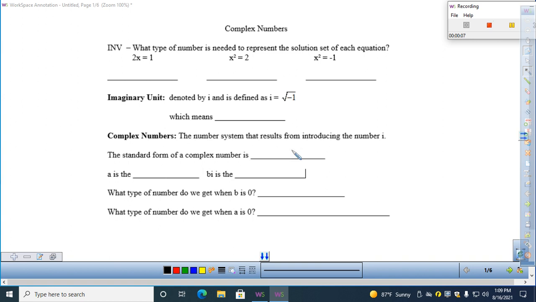And if I look at that set of numbers and I look at this equation here, there is no value in the counting numbers that would make this equation true. So counting numbers are not satisfactory in order to solve this equation. So I need a different type of number. Okay, then I would maybe take a step up and look at whole numbers. Whole numbers would be 0, 1, 2, 3, 4, etc. And as you can see, that set of numbers wouldn't allow us to solve this particular equation.